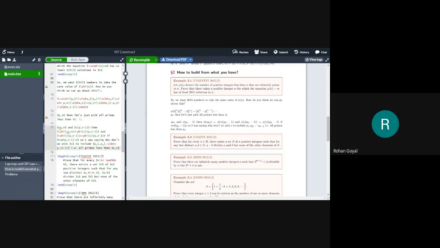S and Pn are co-prime, so this statement just comes by the multiplicative nature of phi. And here, if all prime factors of Pn minus 1 divide S, then phi of S includes all of it. So Pn minus 1 does not get disturbed. This you can prove. There's not much to prove in this statement.